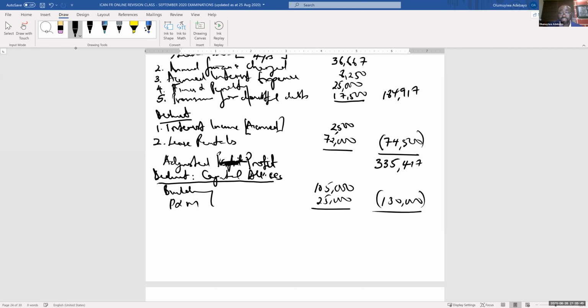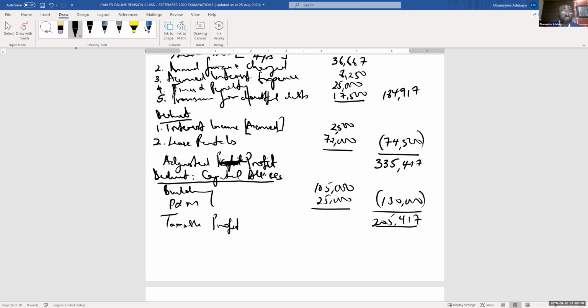All things being equal, our taxable profit is how much? 335,417 minus 130 should give us 205,417.